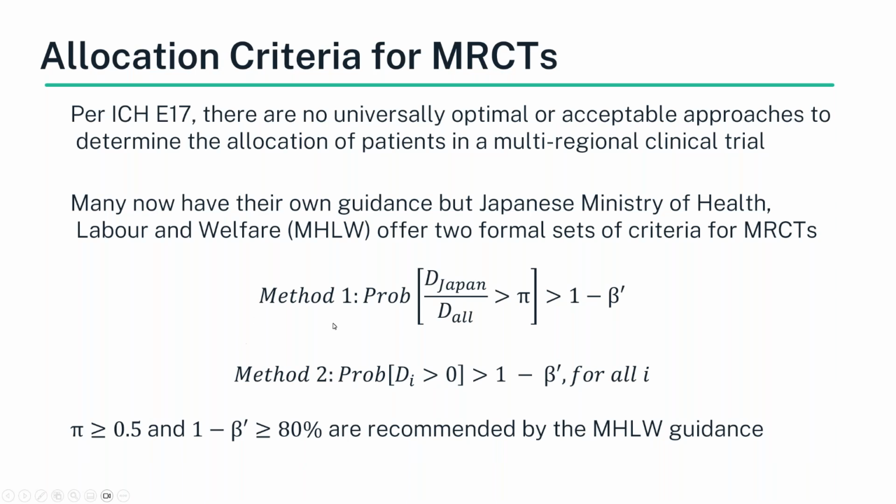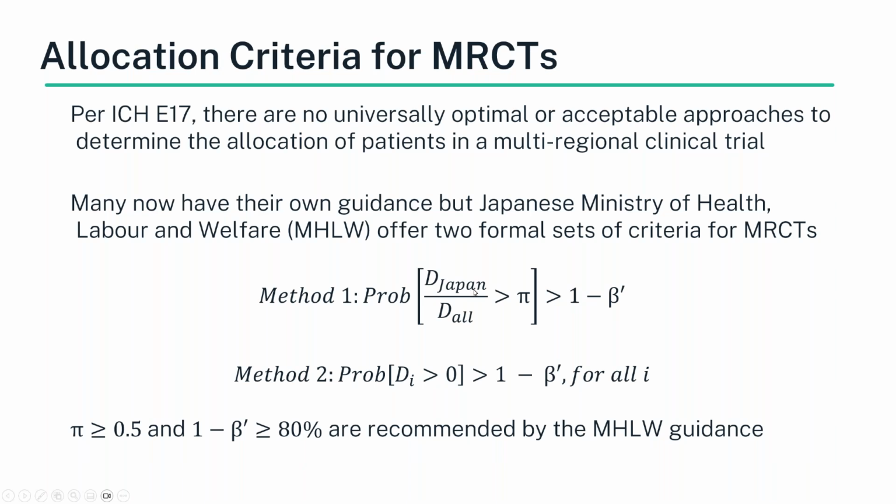And so in method 1, it's concerned with the proportion, in this case, the Japanese population, but it can obviously be generalized to any region that is part of an overall larger trial.